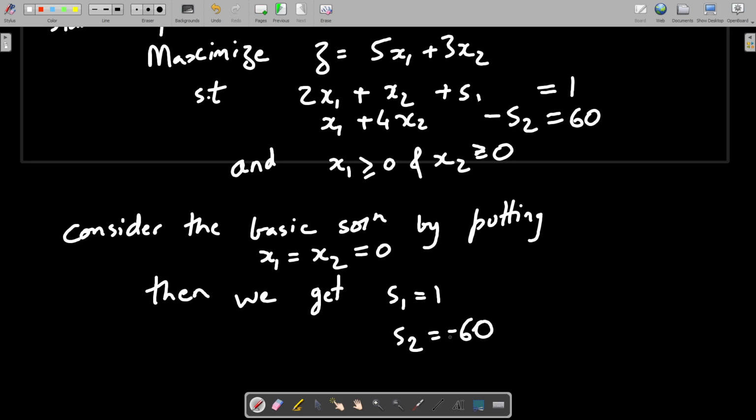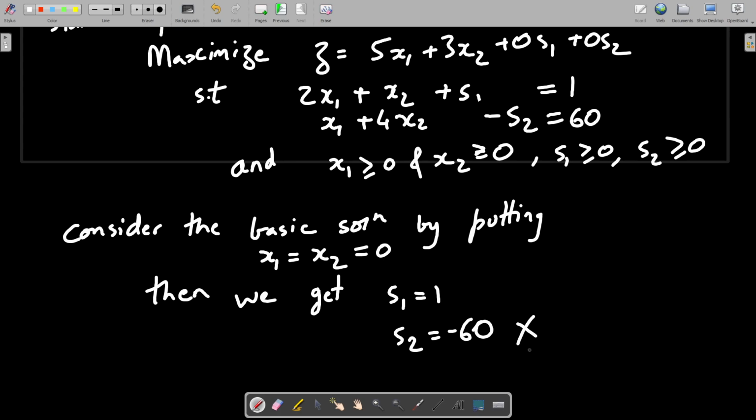Feasible solutions, we have a condition that all our variables, S1, S2 also have to be greater than or equal to 0. We require all these things to be greater equal to 0.